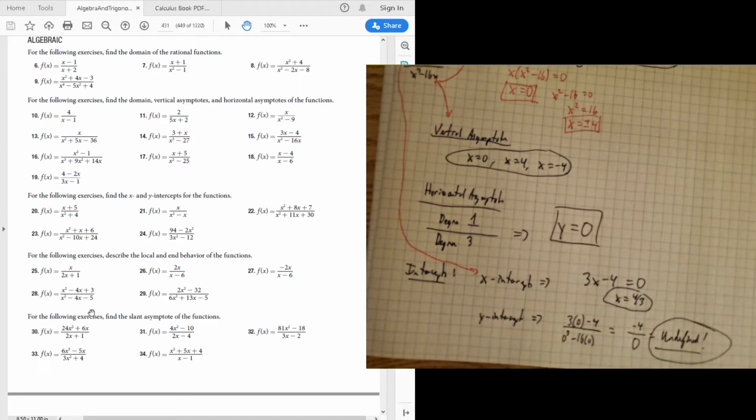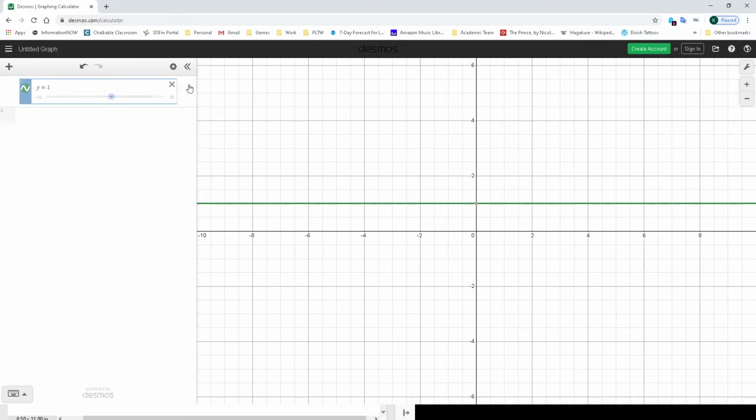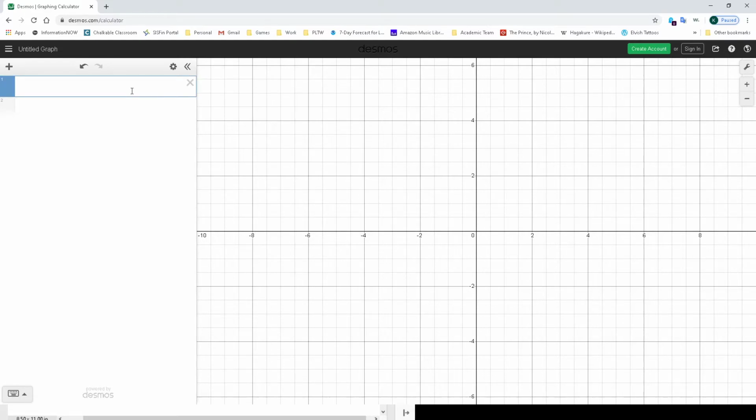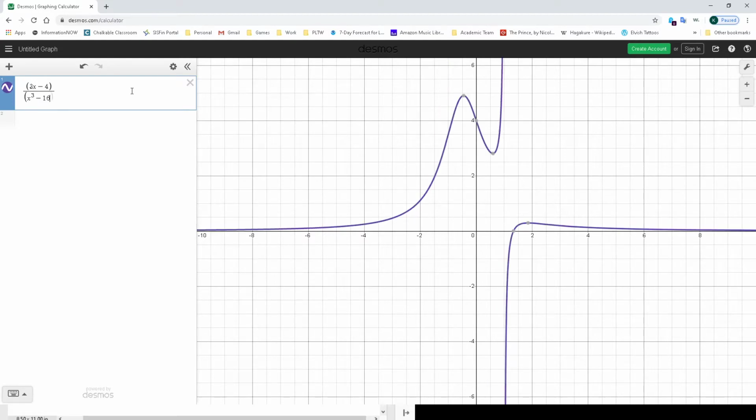So let's graph this thing. So let's put it in. We have on top 3x minus 4. On bottom we have x to the third minus 16x.